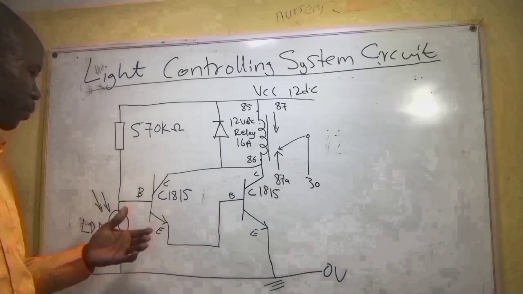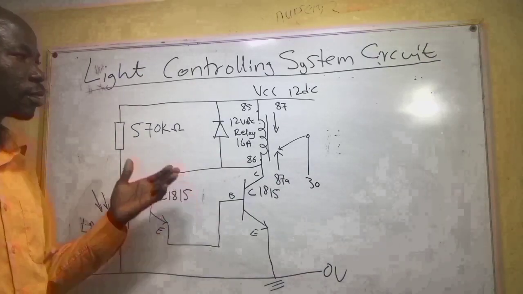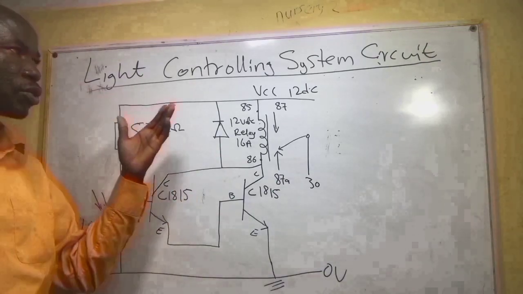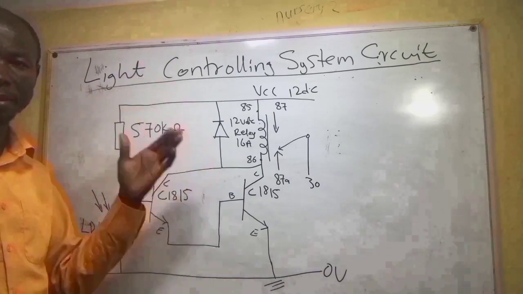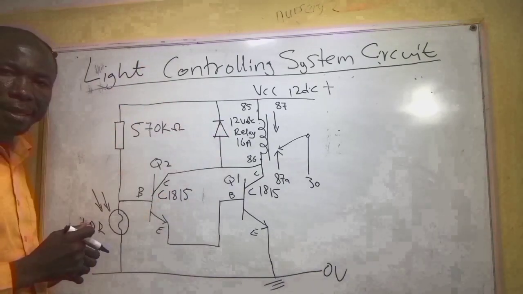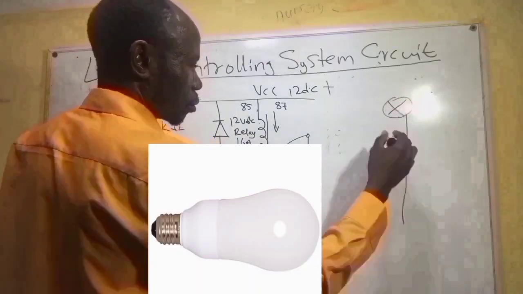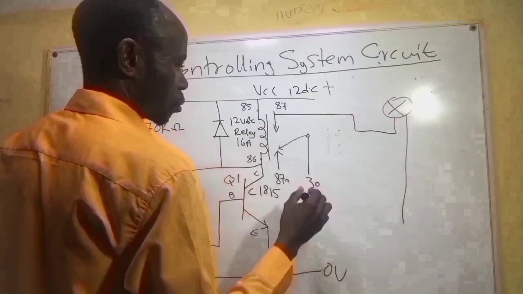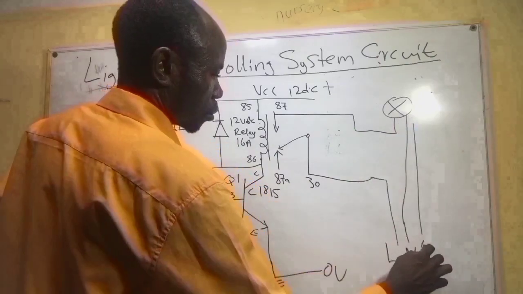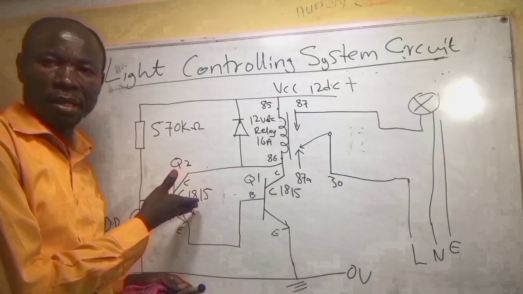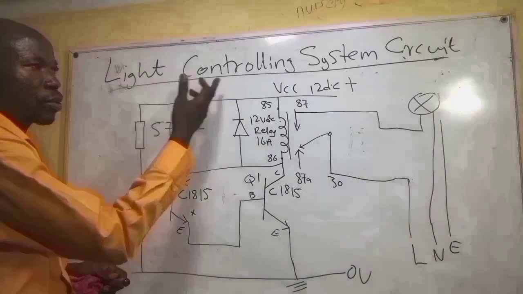Now, this is the light controlling system circuit. Let's connect our bulb. This is the circuit diagram for the light controlling system.